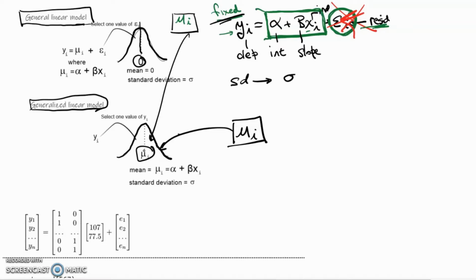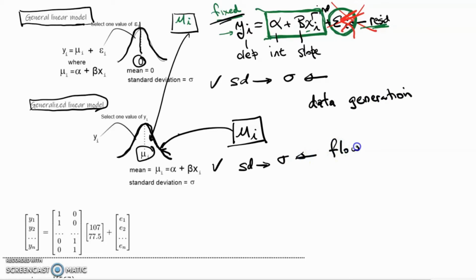But the variability comes in because this normal distribution is assumed to have a standard deviation of sigma. So both of these will ultimately give the same result. But as it turns out, what I'm going to use is this approach, at least initially, for data generation. And we'll see this approach being used for the flowchart for this example of the t-test on the falcons.